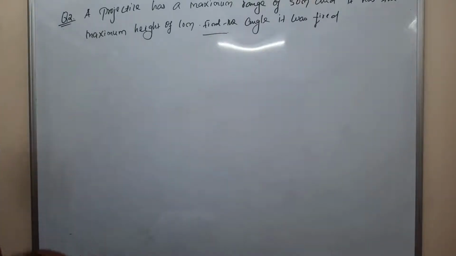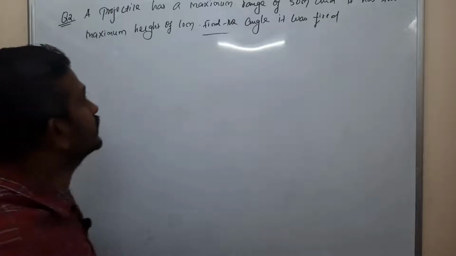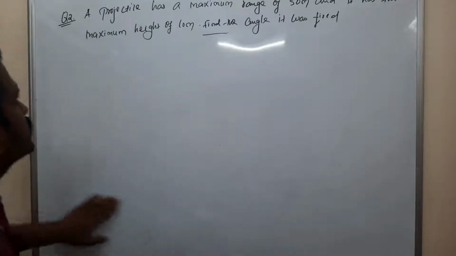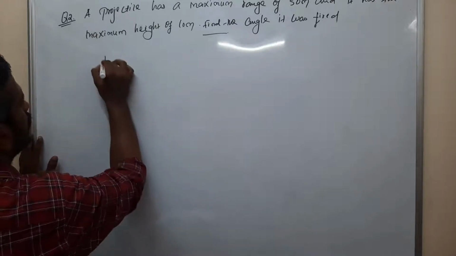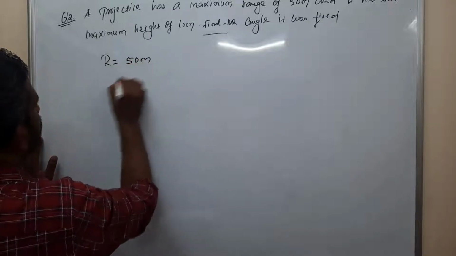So in this question, as the maximum range is given and maximum height is also given, we have to find the angle it was projected. So here R is equal to 50 meter.